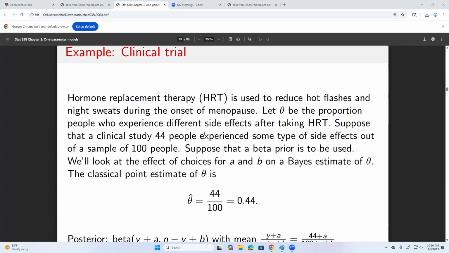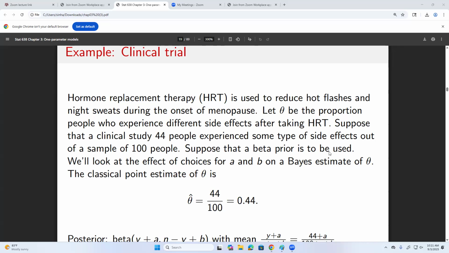So this is repetition. Hormone replacement therapy is used to reduce hot flashes and night sweats during the onset of menopause. Let theta be the proportion of people who experience different side effects after taking HRT. Suppose that in a clinical study, 44 people experience some type of side effects out of a sample of 100 people.